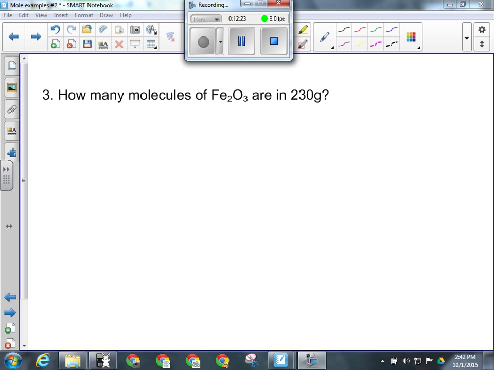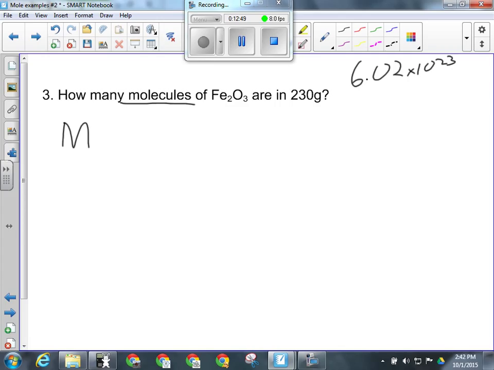All right, so on number 3, we've got a question asking how many molecules. So what's going to be needed here? Avogadro's number, right, this thing. Okay, Avogadro's number, the mole guy. We got to use his number for this question. What we got to do is figure out, are we dividing by it or are we multiplying by it? So first off, let's look at what we've got.